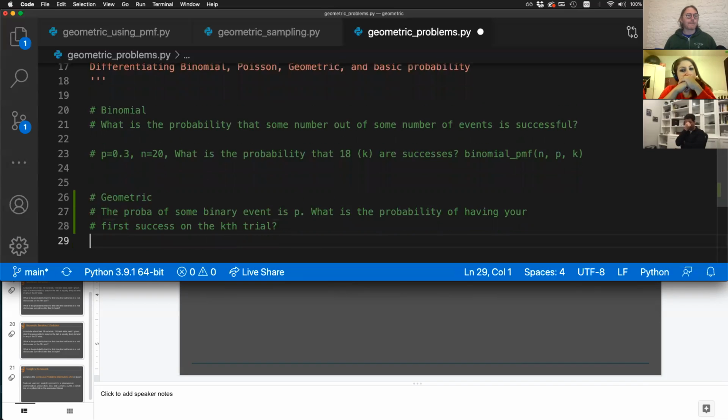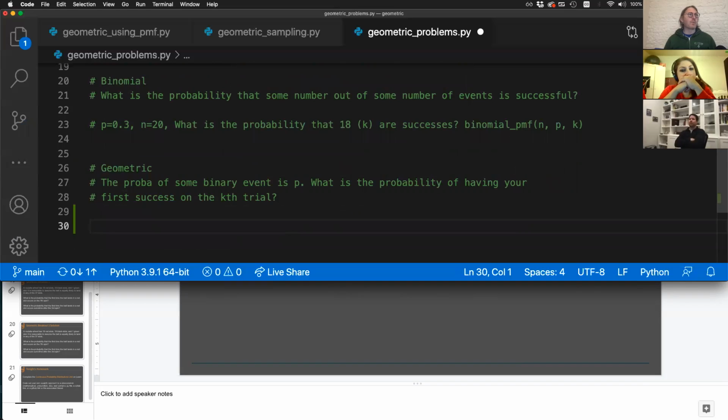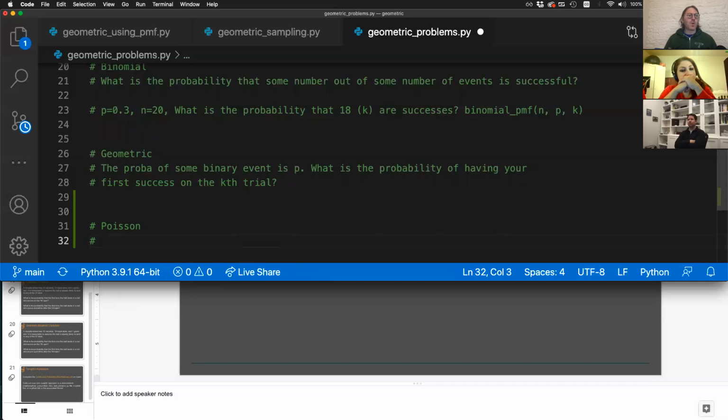And when we think about Poisson, we're thinking about some question in terms of a known volume of time or space or something, right? We have an average, and often this is going to look like, on average, some number of events happens in this volume of time, space, whatever it might be.